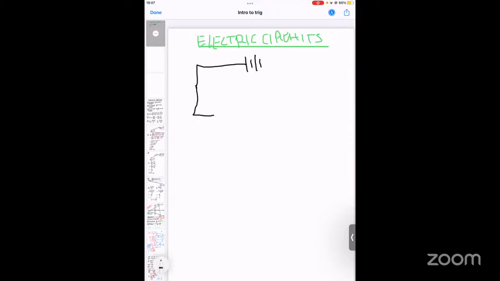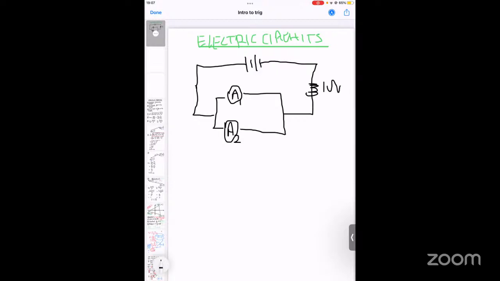Let me do these. And then let me say I'm connecting, and then we'll say ammeter 1, ammeter 2. And then there I'll do that. Okay, let's say we have a resistor there, which has 1 ohm. And then here we have another resistor, which is 2 ohms.